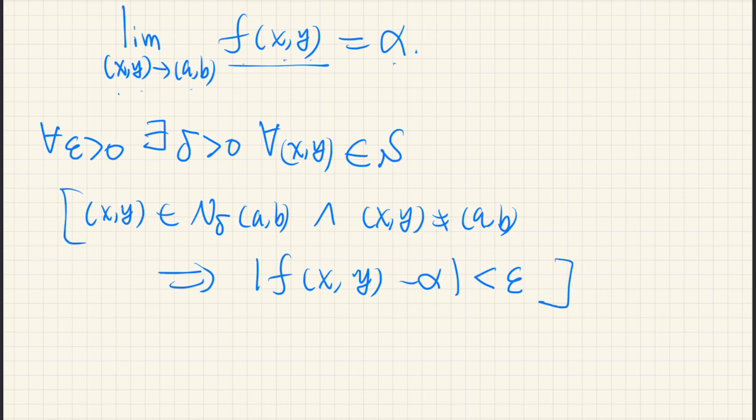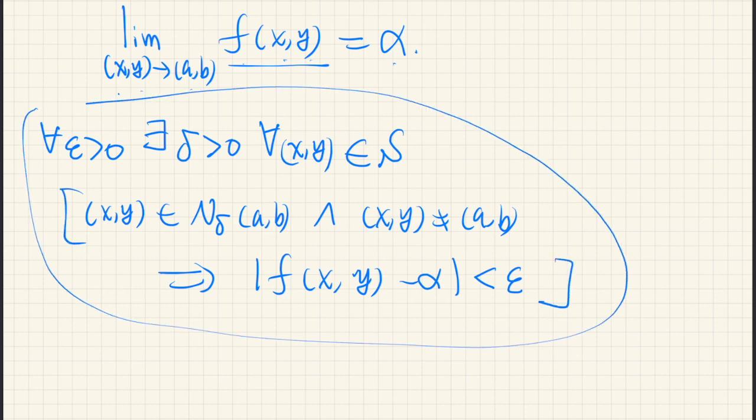Okay, so if this holds, then we say f of (x, y) converges to alpha. That's the definition of limits in the case of bivariate functions.